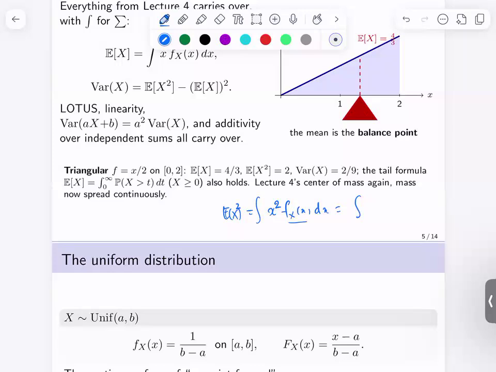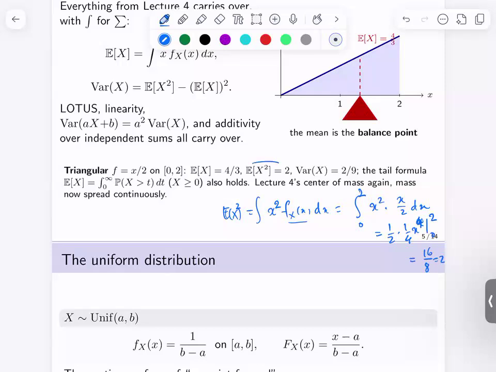This is only non-zero on 0 to 2, so you do the integral of x squared times x over 2 dx, and this should turn out to be 1/2 times 1/4 x to the 4, actually, yeah. So there's going to be a 4 here. And you do 0 to 2, so you get 16 over 8, so it'll be 2.